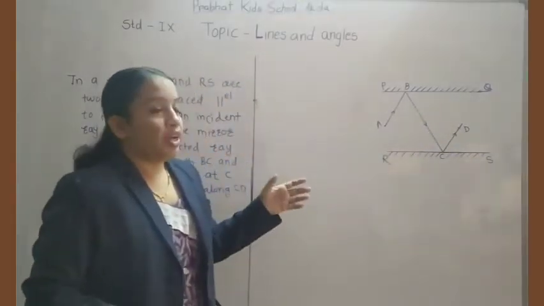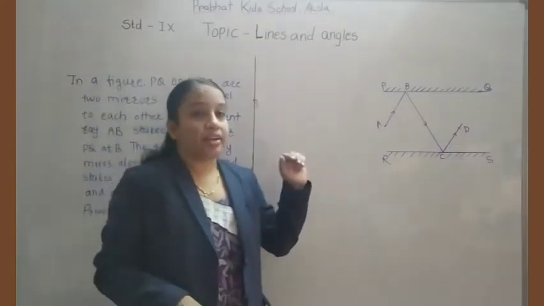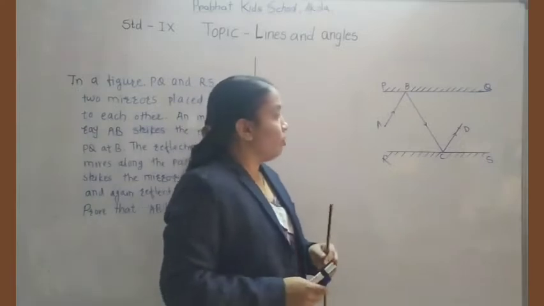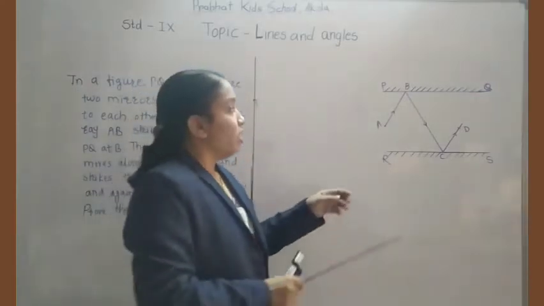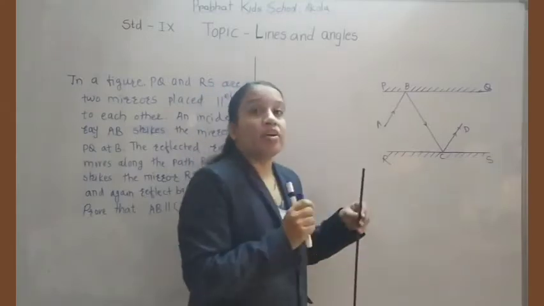Now here we have to use the concept of incident angle and reflected angle. So for that, you know what the angle of incidence is? Angle of incidence is the angle made between the incidence ray and the normal.